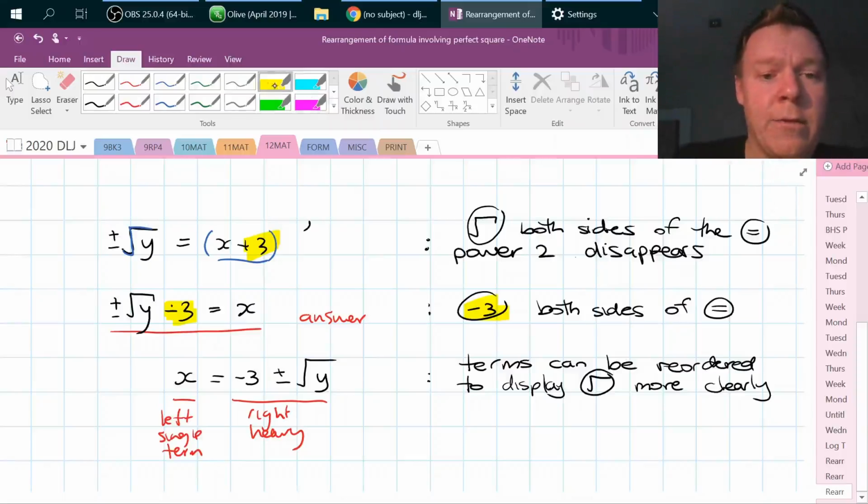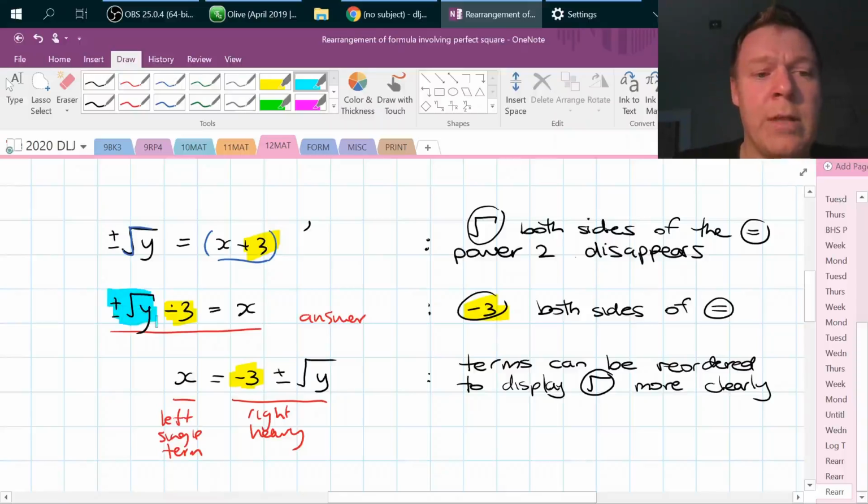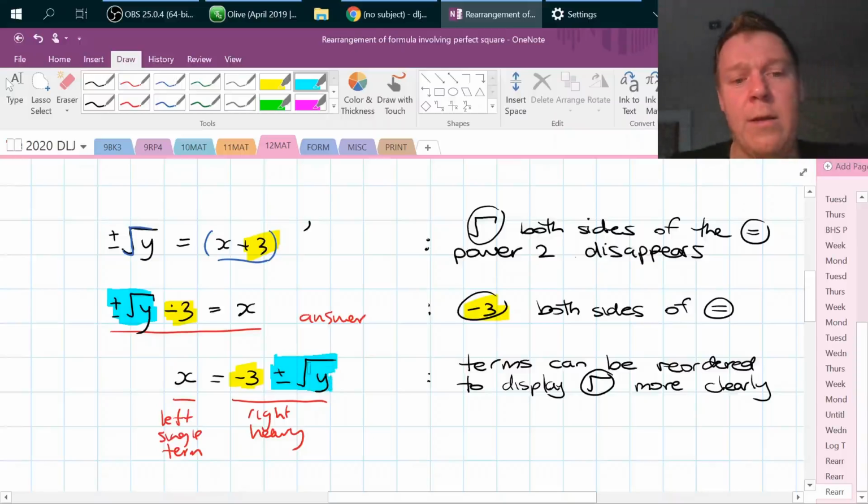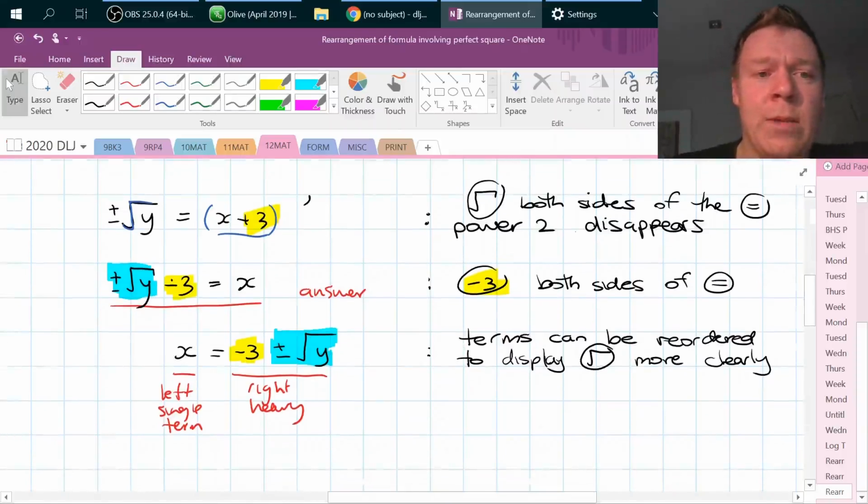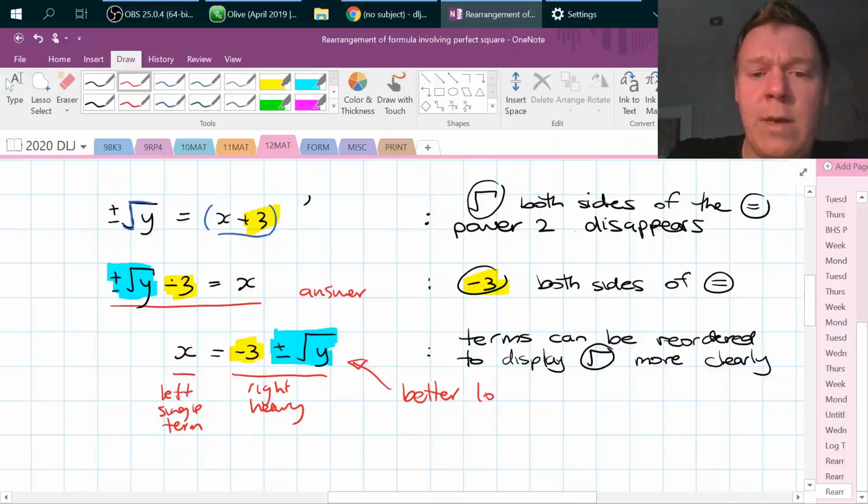So that negative 3, I've put that out in front, and the plus and the minus is joined up with that square root, and that can be flipped to the other side, and that's still the same. Plus or minus square root y minus 3 is the same as minus 3 plus or minus square root y. This is just better looking.